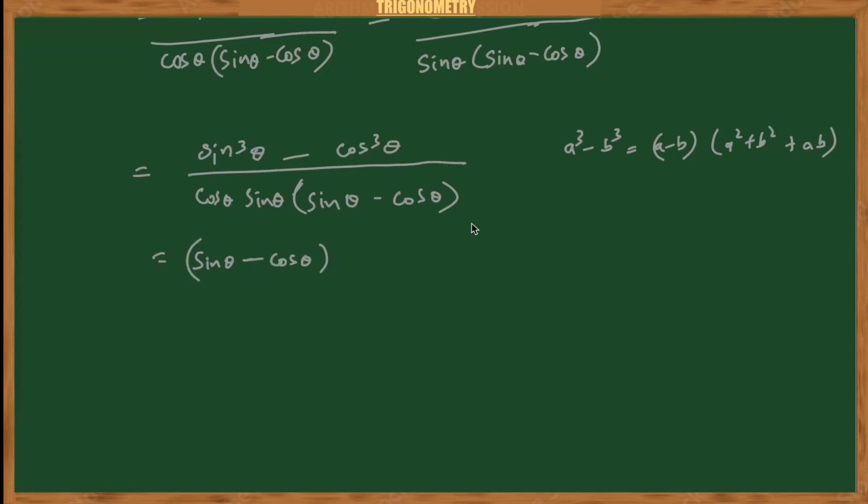Then we have, a is sine square theta plus b is cos square theta plus sine theta into cos theta.